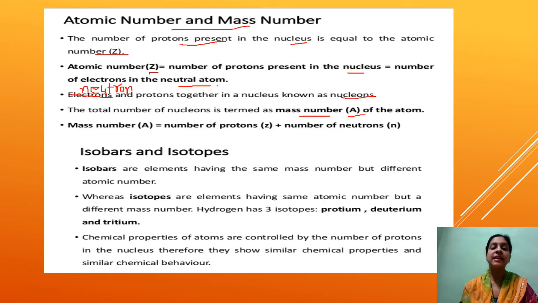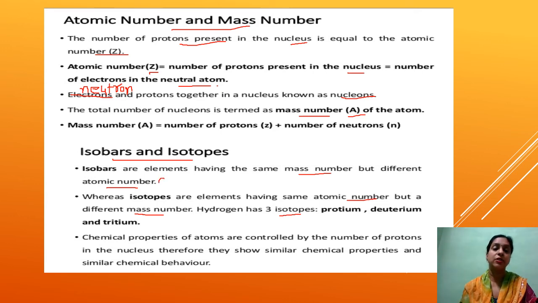Next, two terms will be used with you, that is isobars and isotopes. Isobars are the elements which have the same mass number but different atomic number, whereas isotopes are the elements which have the same atomic number but different mass number, like hydrogen, which has 3 isotopes: protium, deuterium and tritium.